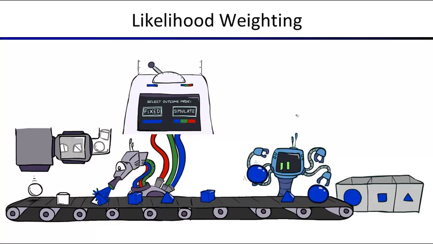This is for the query: what is the probability of a certain shape, given color equals blue? And rather than just generating shapes and colors, these robots are always going to paint it blue. So you're forcing things to be blue, and you're hoping to make things still work out.